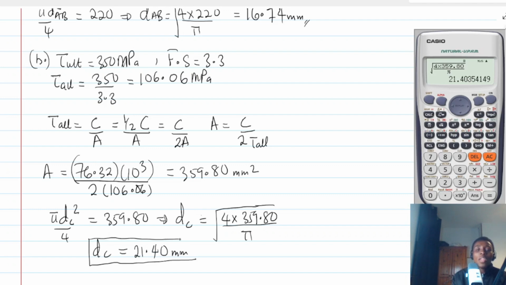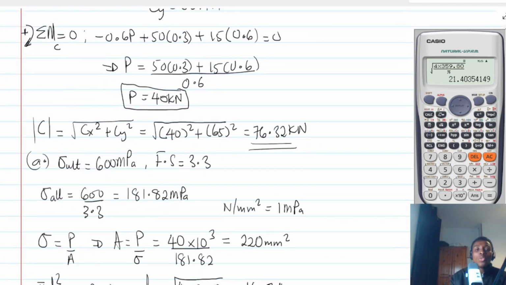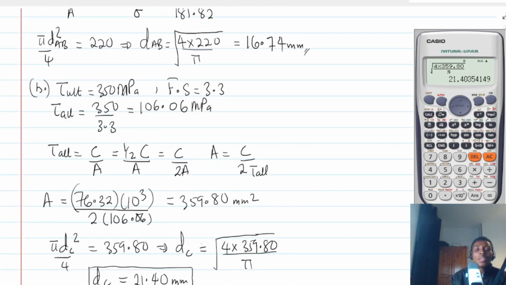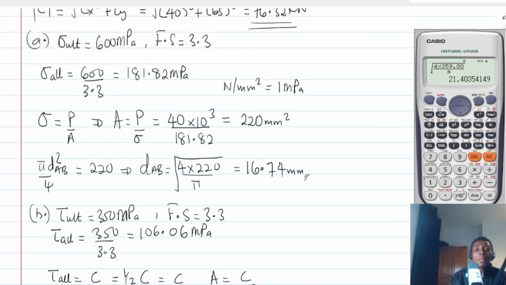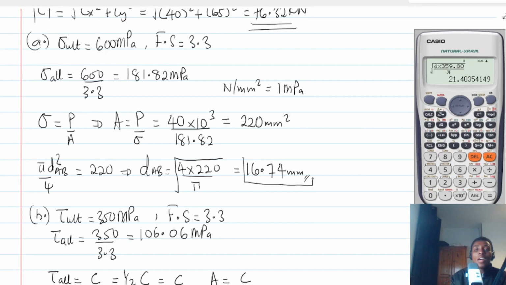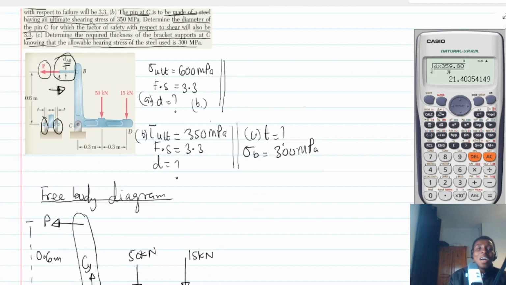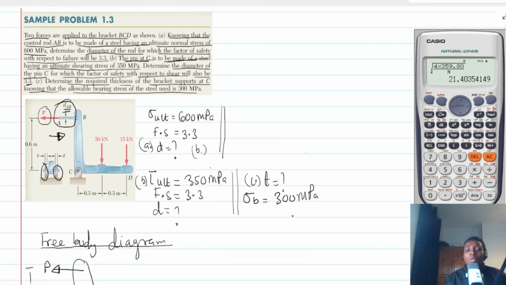So we know the diameter at C, and then we also know the diameter at AB.